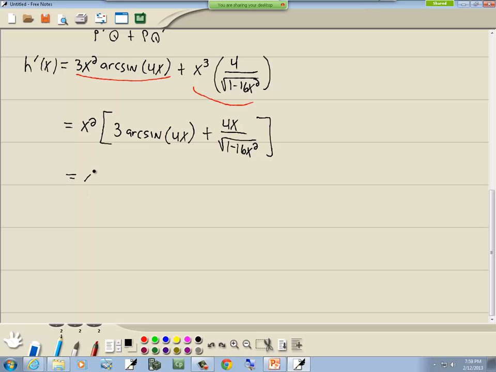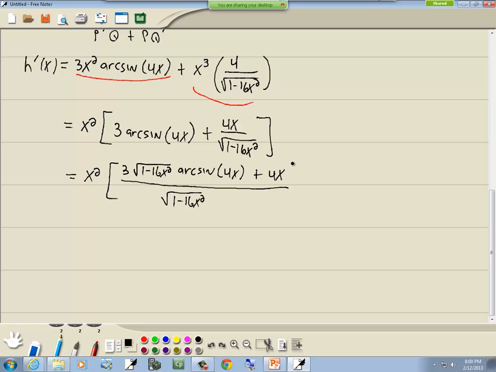So if I merge these into a single fraction, we would have 3 square root of 1 minus 16x squared arc sine of 4x plus 4x all over the square root of 1 minus 16x squared.